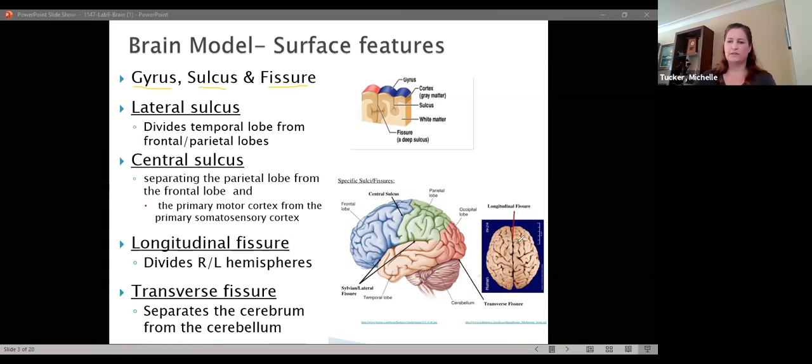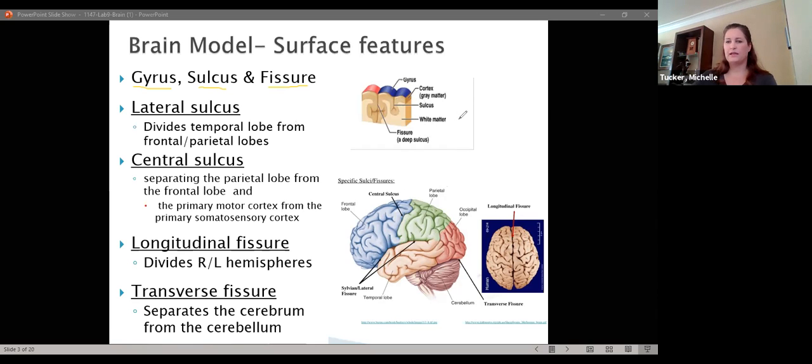And so if you actually were to put your finger on the top of a brain model, what you're most likely going to be feeling is that gyrus. It's that top domed surface. We also have small grooves called sulcuses, and these we'll learn about the central sulcus and the lateral sulcus.